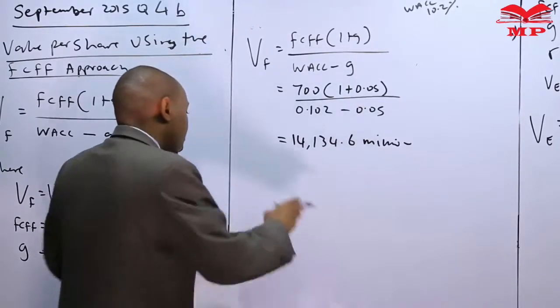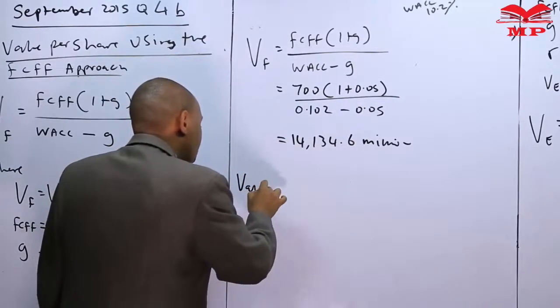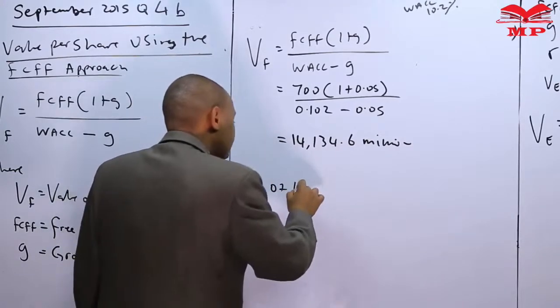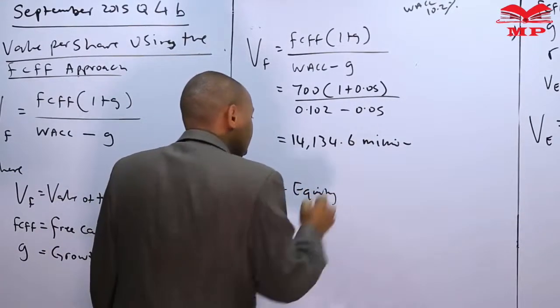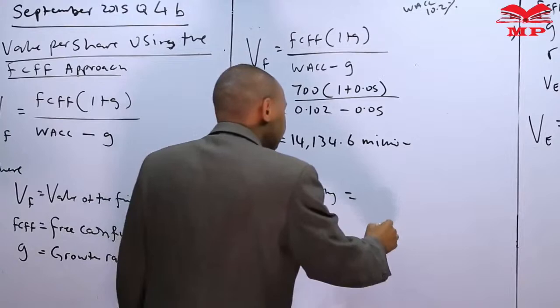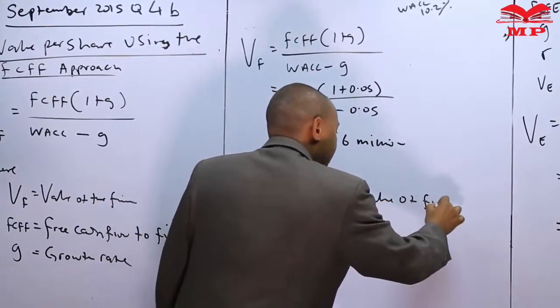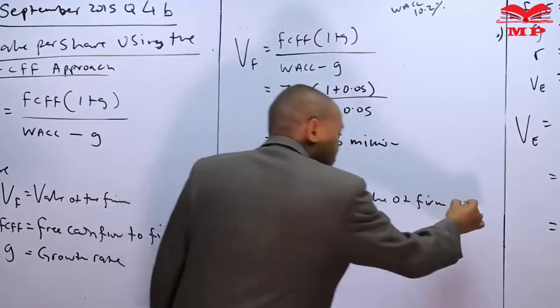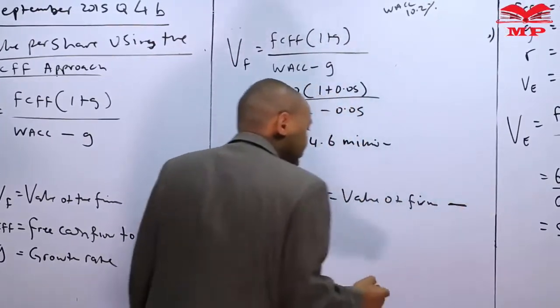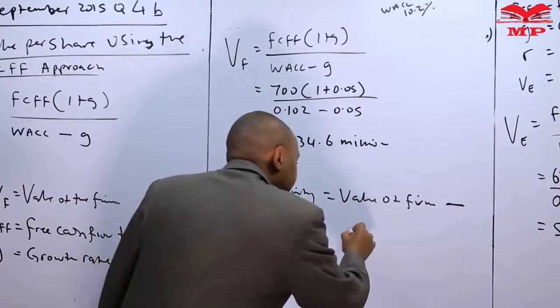So to get the value of equity, it is given as the value of the firm minus debt.